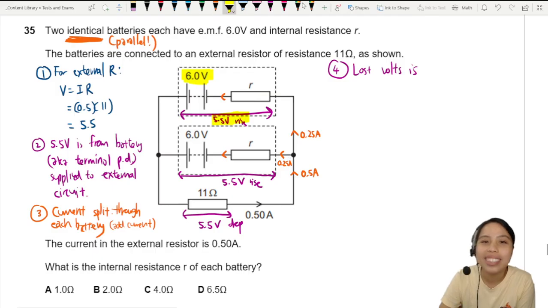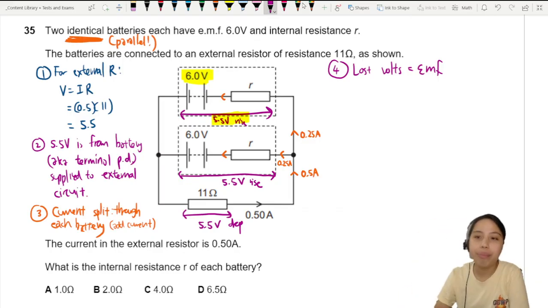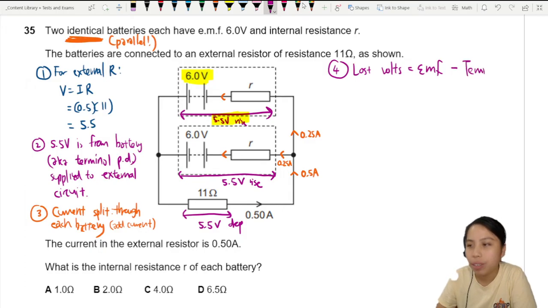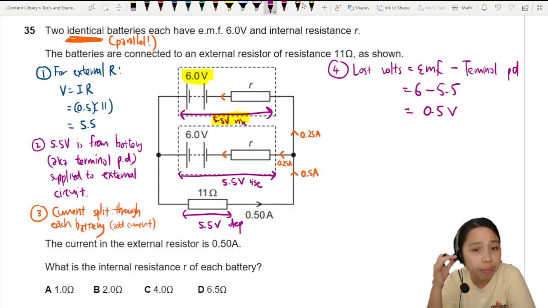What is lost? So lost volts equals the EMF, which creates the power, minus the terminal potential difference. So we take 6 volts, minus 5.5, means you lost 0.5.